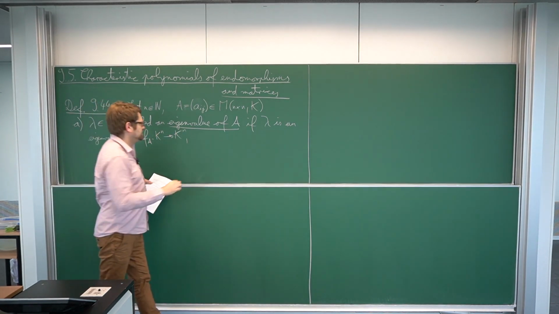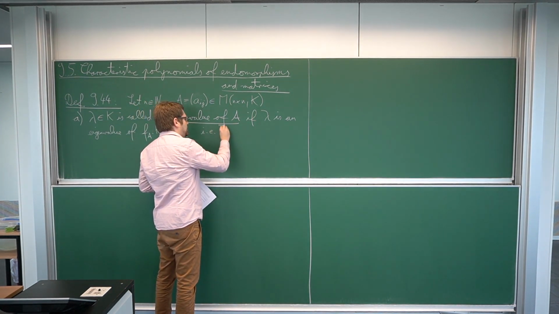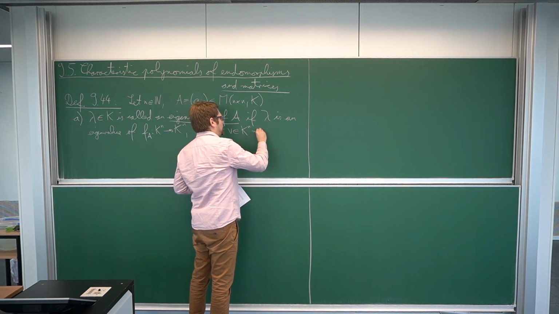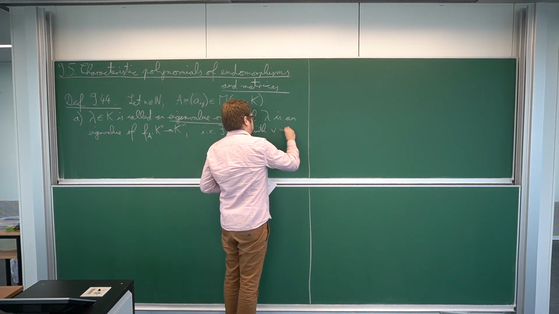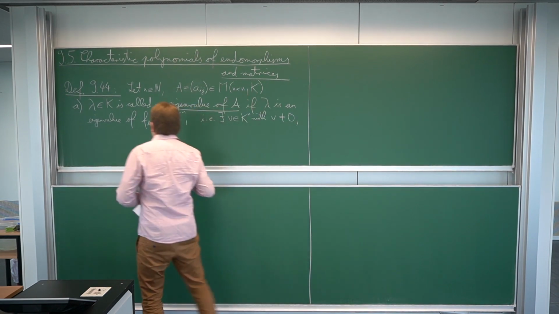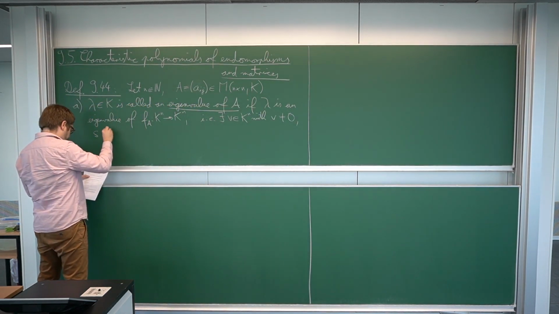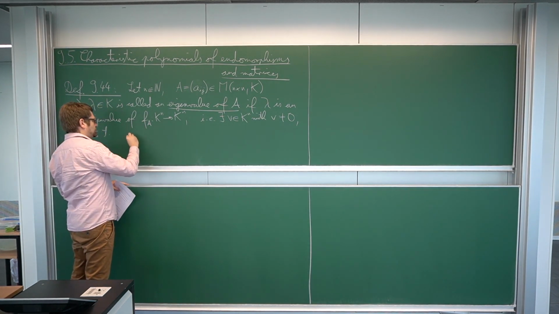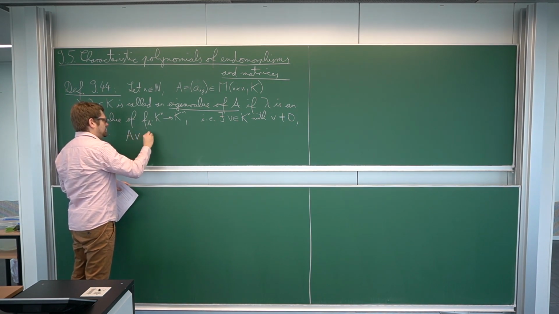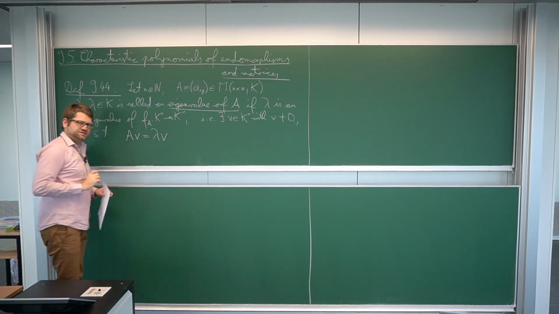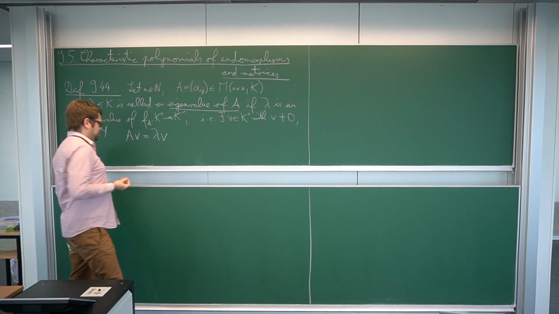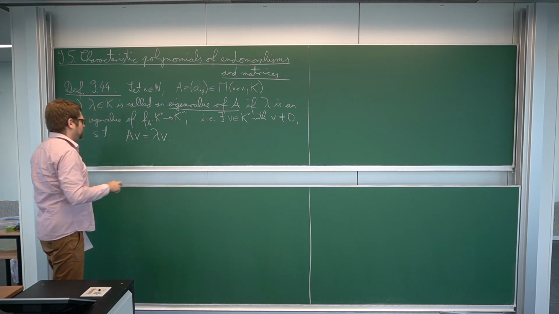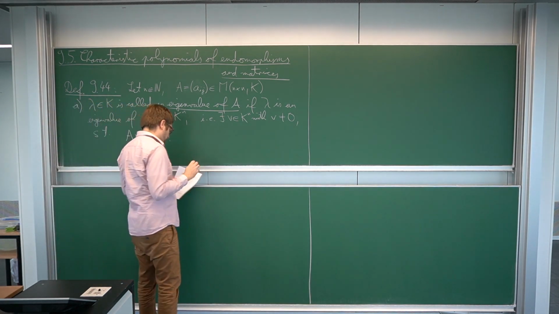Explicitly this means, in our notation for matrices, there exists some eigenvector, so some v in K^n with v not equal to 0, such that F_A(v) is lambda times v, and in our shorthand notation we wrote this as Av = lambda v. So this is the simple form to memorize. This is the same as matrix multiplication, as we know, if we view v as a column vector.